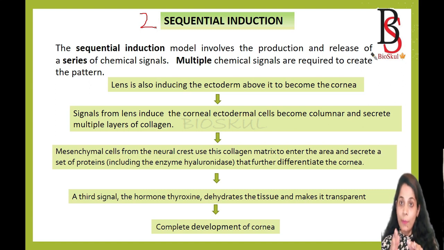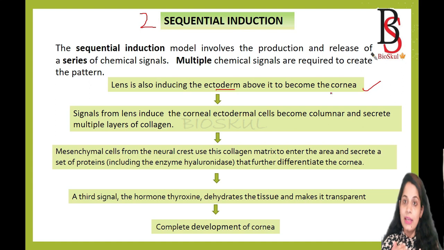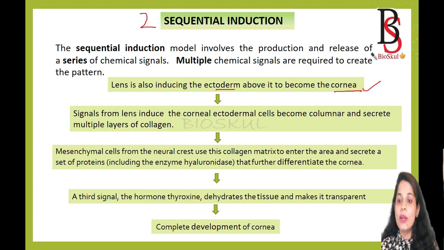We know that the optic vesicle induces the ectoderm to form the lens, and that lens can also induce the ectoderm above it to form the cornea. Okay, so the lens will induce the ectoderm to form the cornea. So the signals from the lens induce that corneal ectoderm to become the columnar ectoderm, and it secretes the collagen.